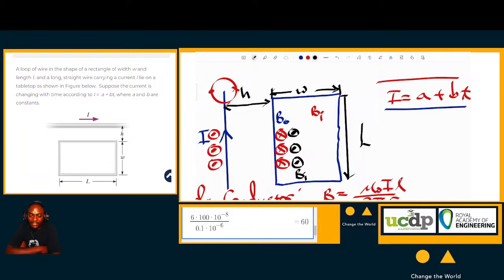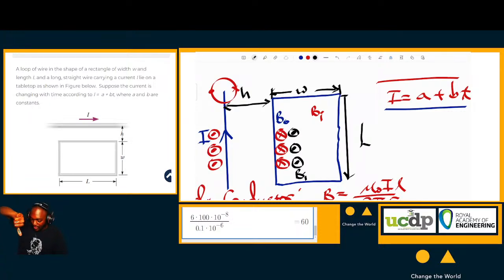Now use your BI to determine the direction of the induced current. Now that you've got your magnetic field, determine the direction of the induced current using your right-hand grip rule. The current on the left side will be going up. Are you using your right hand? Did you grip the conductor on the left? Oh, it's out of the page.